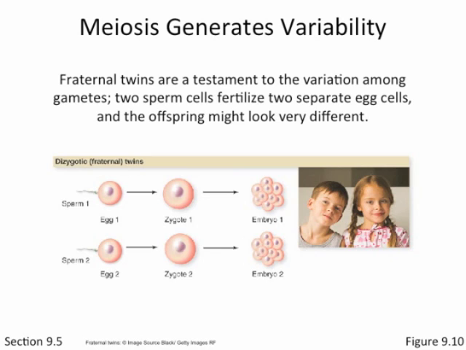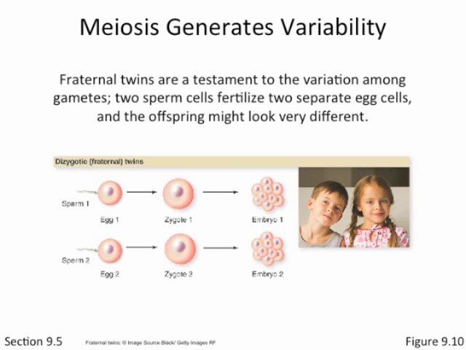So the offspring can look drastically different in fraternal twins, right? There's no reason to assume they'll look alike, right? And you can get boys and girls because the sperm that produced the boy had a Y chromosome, and the sperm that produced the girl had an X chromosome, right?